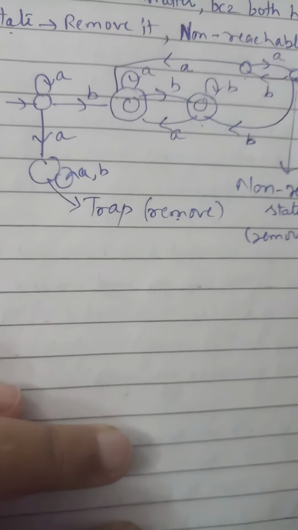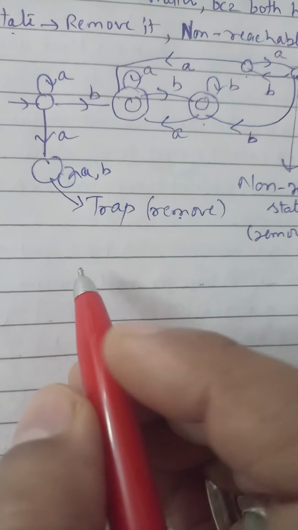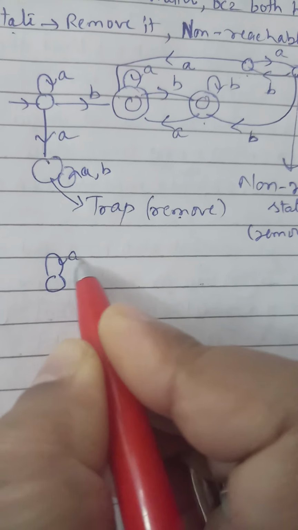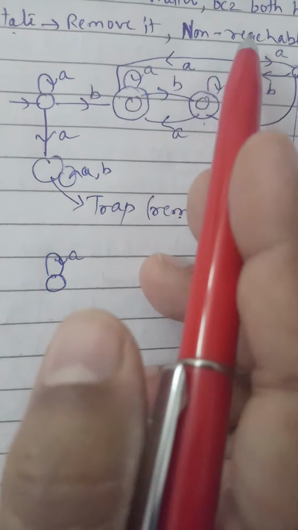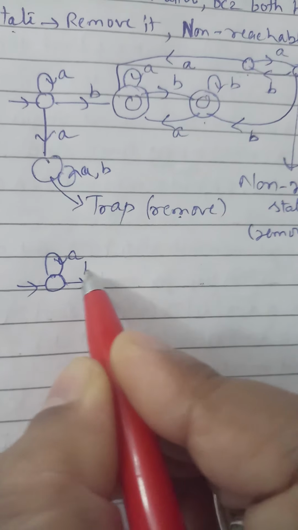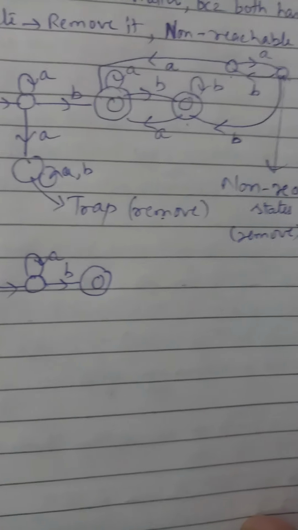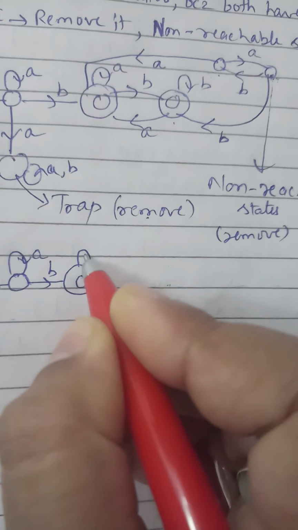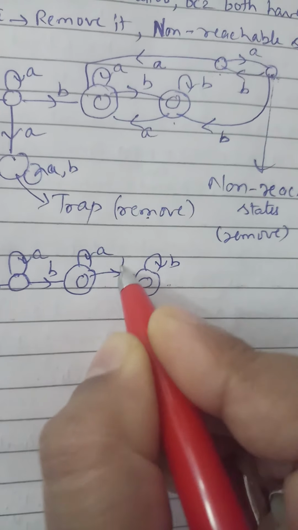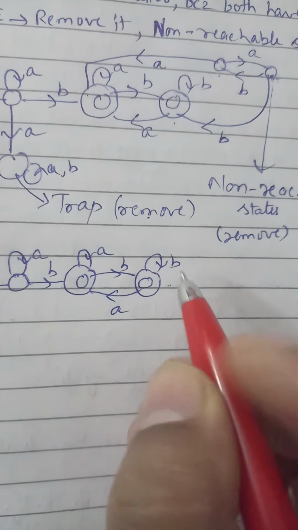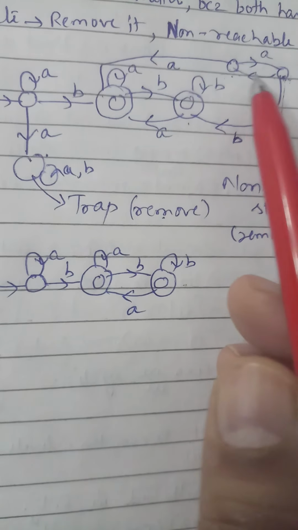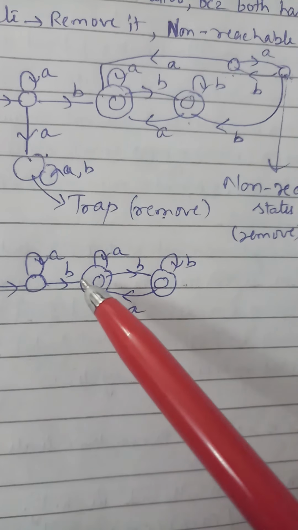So at the end, what we will get is this. After removing this trap state and this non-reachable state, we get this only.